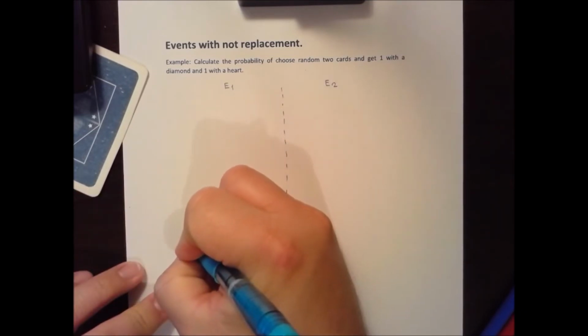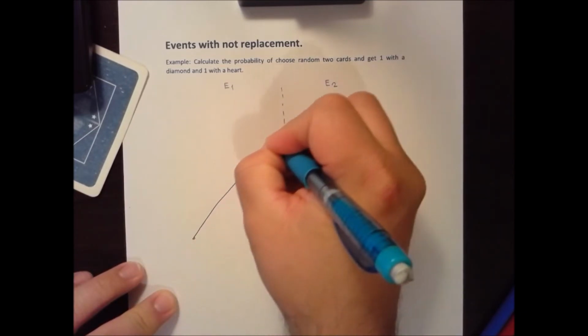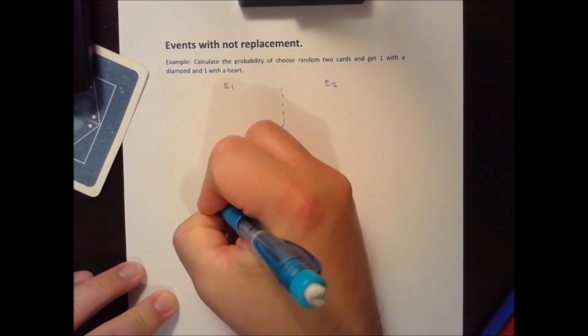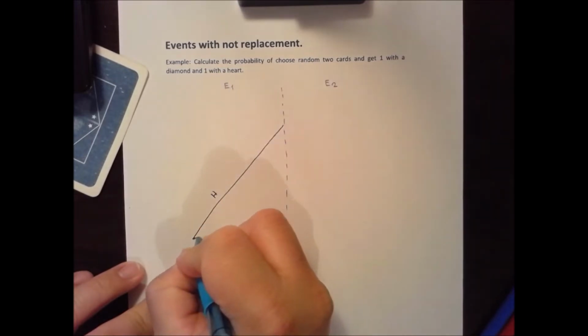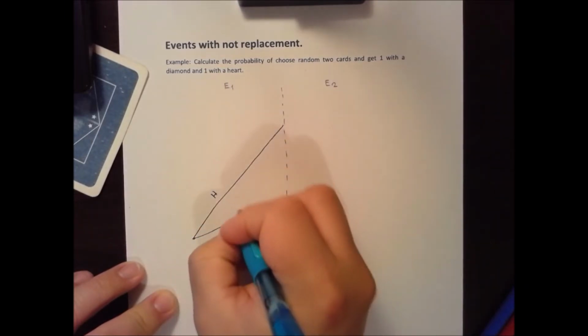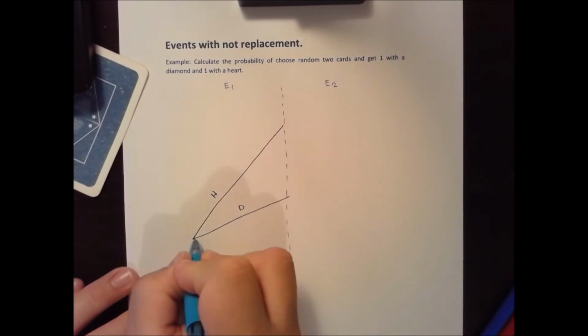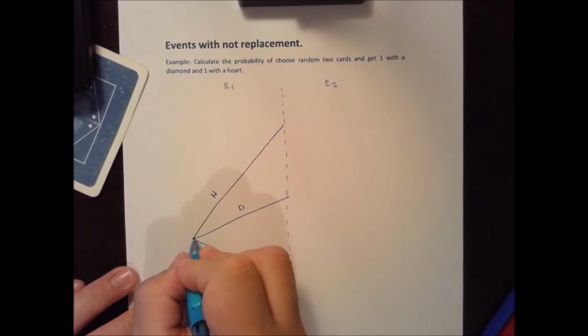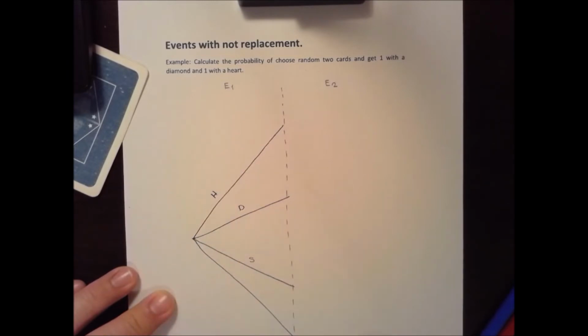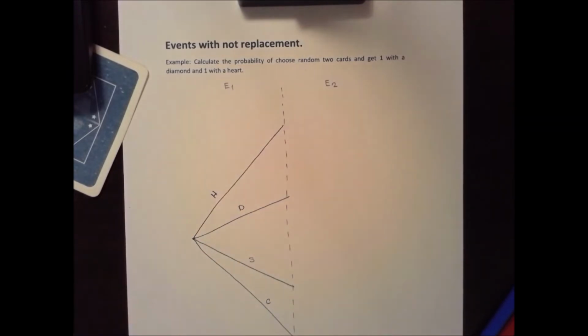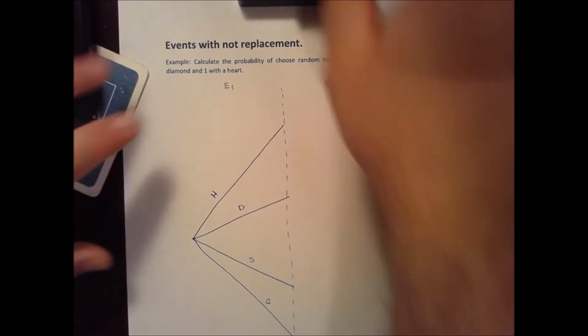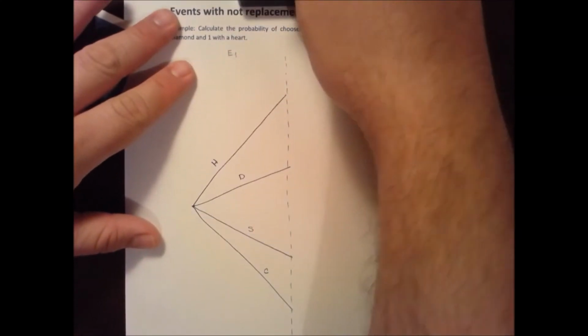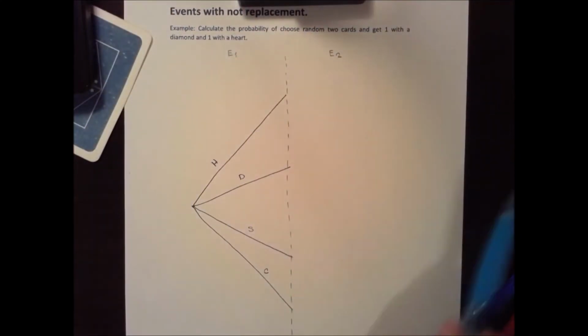You can have, for one way, a heart. You can have a diamond. You can have a spade, or you can have a club. Okay, those are the 4 options that you have at the beginning.